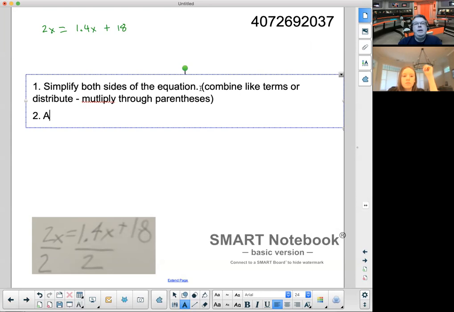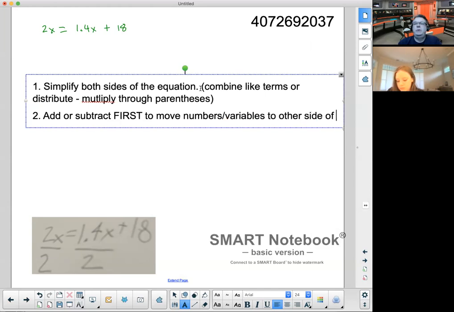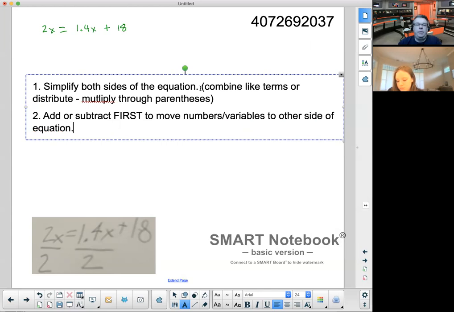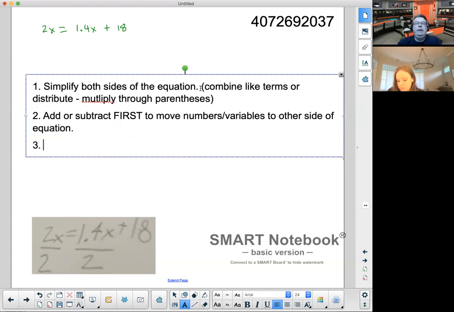Always first, add or subtract first, sorry for yelling, to move numbers, variables to other side of equation. And then the third thing you do is multiply.